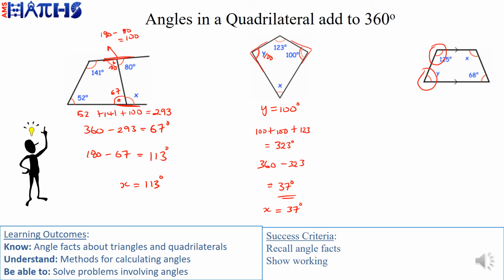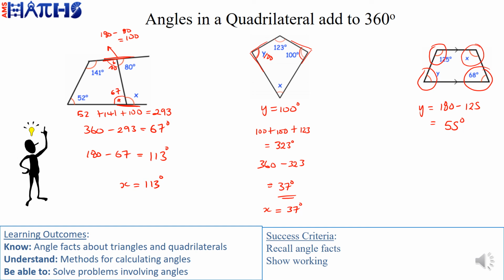So these two angles I've circled add to 180. So that means y is going to be 180 minus 125, and that's going to give us 55 degrees.